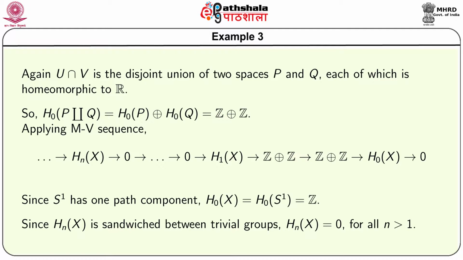and for any n greater than 1, Hn(X) is sandwiched between the trivial groups, and therefore, Hn(X) is equal to 0 when n is strictly greater than 1.